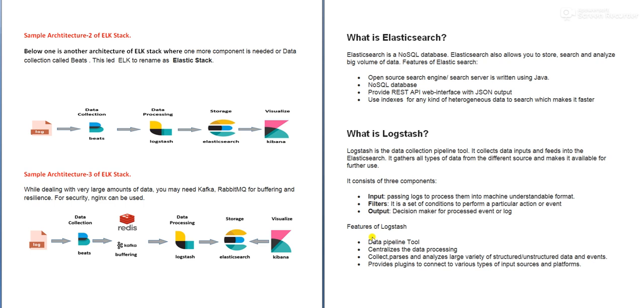Now we'll discuss the various features of Logstash. First, it is a data pipeline tool. Second, it centralizes the data processing. Third, it collects, processes and analyzes a variety of structured and unstructured data and events. It provides plugins to connect to various types of input sources and platforms.